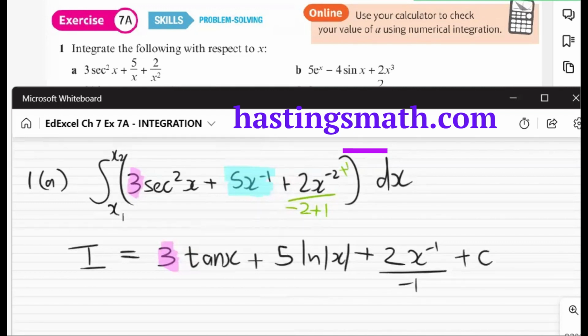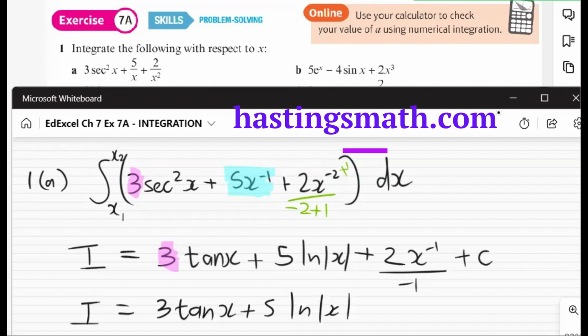Okay, I think that concludes our question 1A. I just want to make it a little bit neater for you. Generally, you want your answer in positive exponent form. So all of this is good. The only thing that we need to clean up is this third term.